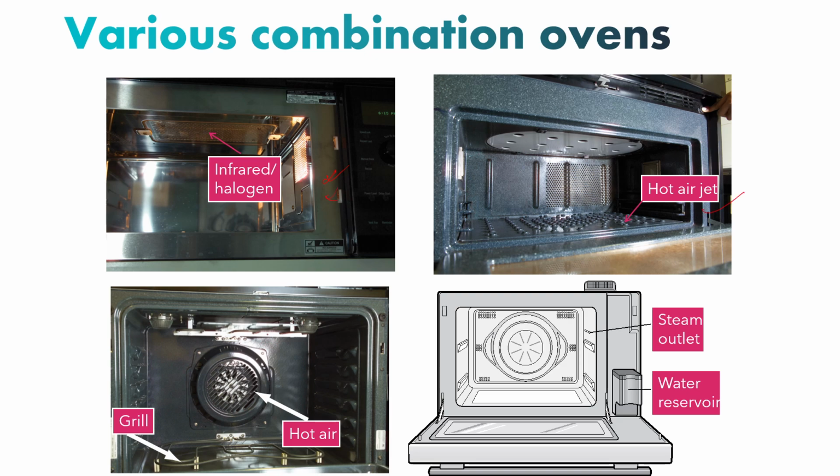And then here microwave plus hot air, here it's microwave plus grill, and here microwave plus steam. So in these cases, if we build models, then we understand better, and then the models can actually be part of these smart appliances.